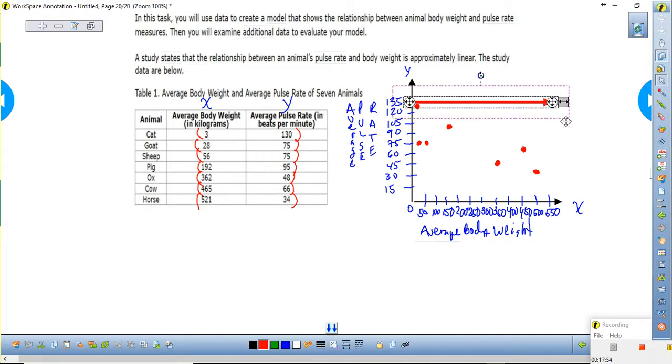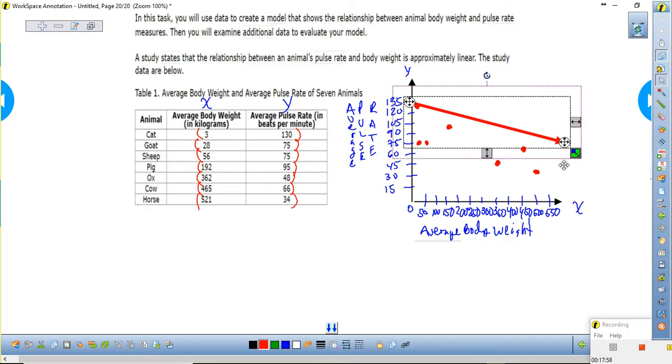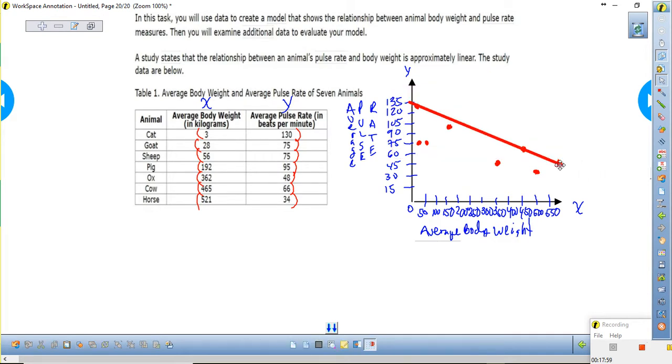So let's see. Is that best fit? About there. About there. Before we move it more, tell your neighbor why that one's not a best fit so far. Okay? So what do I need to move now? Don't I need to move the y-intercept?